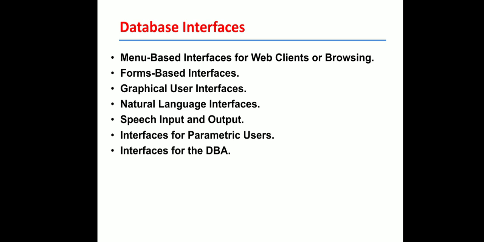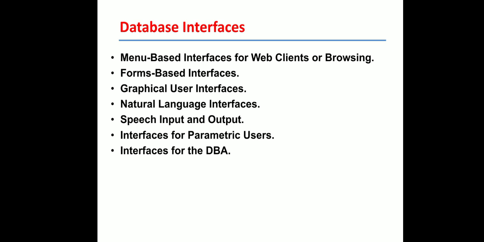Next one is interfaces for parametric users. These parametric users we have seen with end users. Parametric end users are nothing but those who have fixed or frequently performed operations. Like in a banking system, the cashier is going to perform fixed functionality.